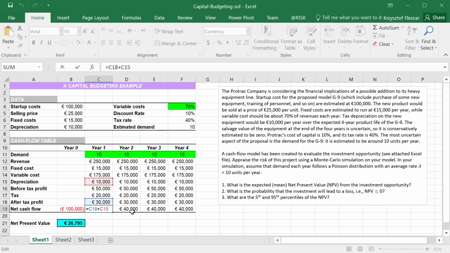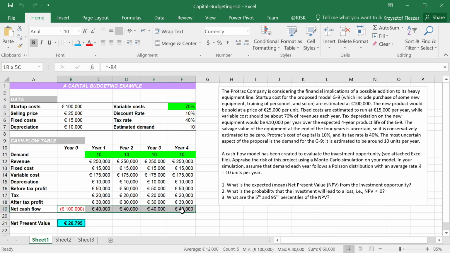There is a net cash flow calculated based on after tax profit and depreciation and so on. And so you see there are calculations here. You can trace all of them. But the important thing is you have the final output, which is the net present value, which is the net result taking into account the initial startup cost $100,000 and the expected profits in every year $40,000.